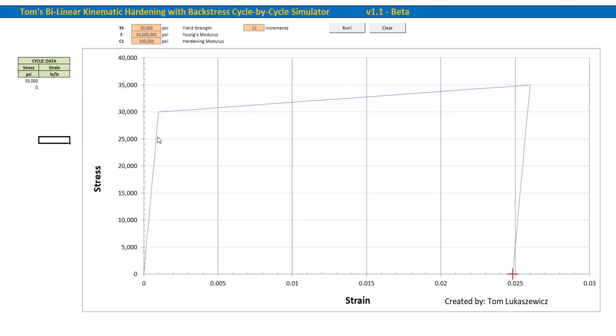So we load it up, hit the yield point, and we're increasing the load to 35, accumulating plastic strain, and then we release it down to 0, so we're following the slope back down. And this would be the plastic strain that was accumulated throughout the cycle. So again, nothing new here. I think most people would totally expect that.